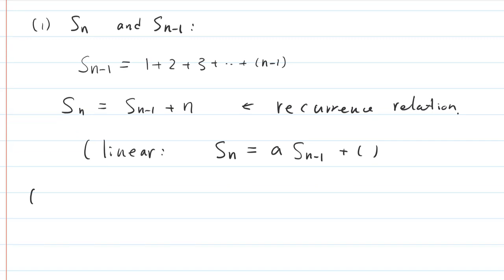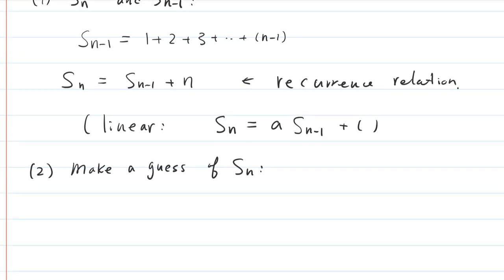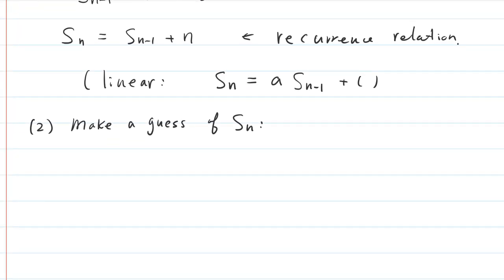To find the formula of Sn, we need to make a guess of the form of Sn. As we explained in class, because we have this sum, 1 plus 2 plus 3 up to n, this is, just as a reasoning, roughly the integral from 0 to n, or 1 to n, that doesn't really make any difference, of x dx.